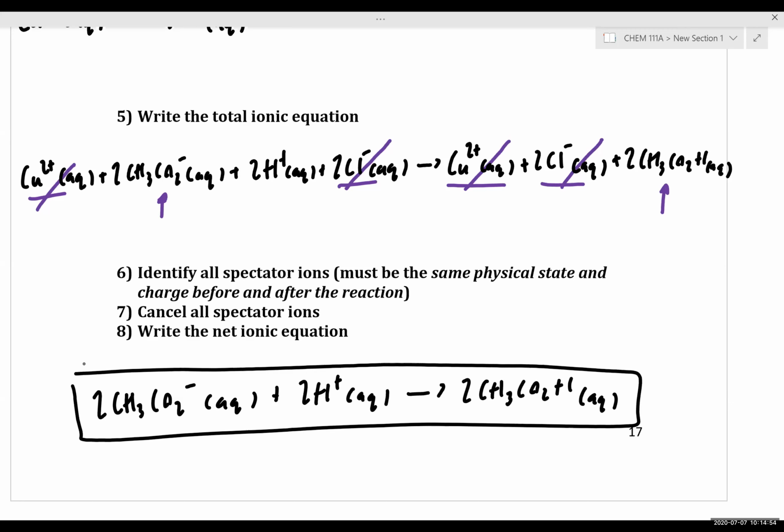Any questions on this example? So again, just to emphasize, you only dissociate your strong acids, strong bases, and soluble ionic compounds.